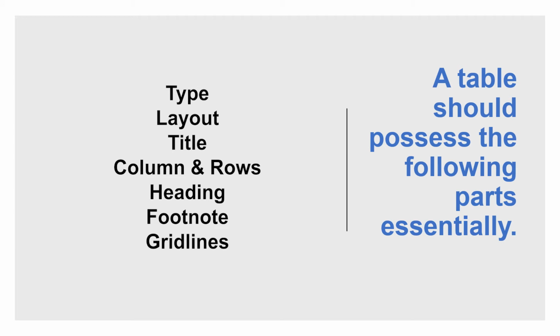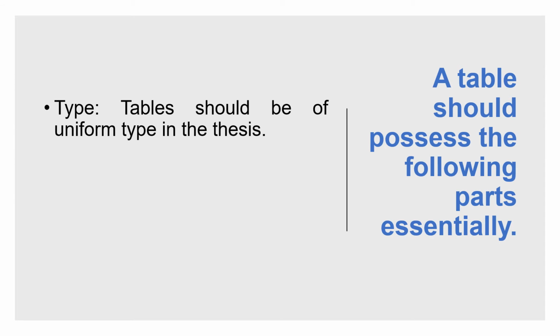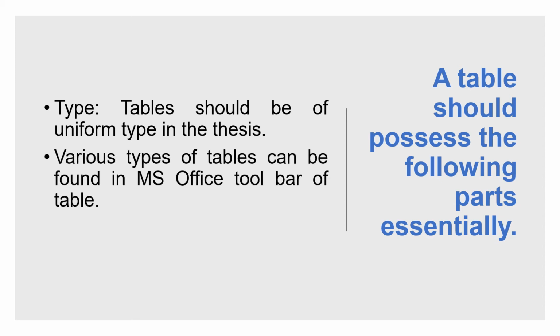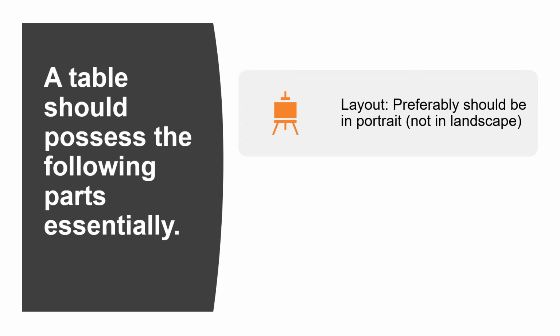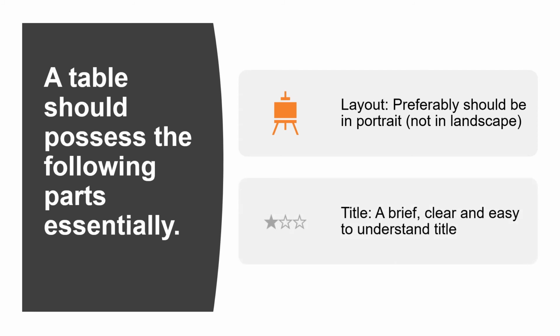type, layout, title, columns and rows, heading, footnote, and grid lines. The type: the table should be of uniform type in the thesis, and the layout should preferably be in portrait form. Title: write a brief, clear and easy to understand title.